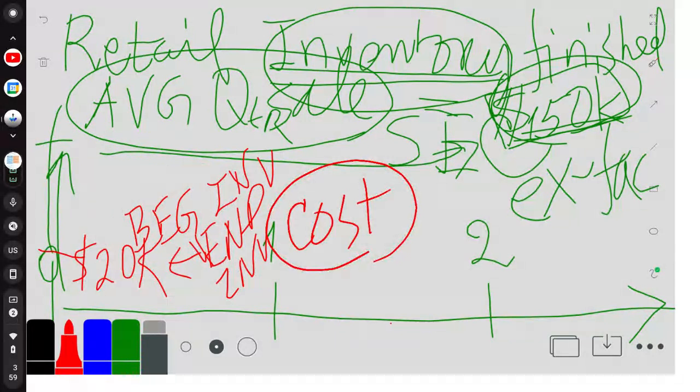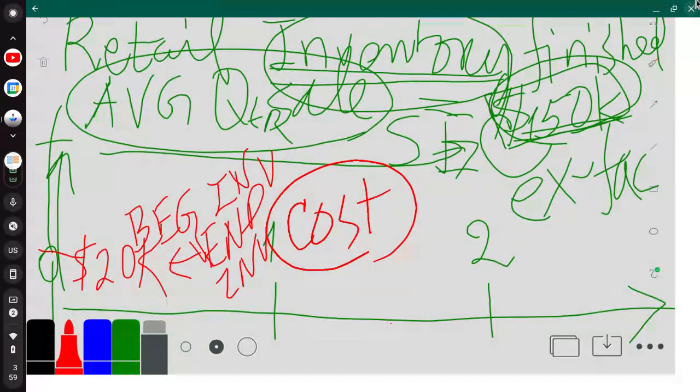Suppose you have 100 computers, you're Best Buy, and you have 100 computers in the store, right? These computers are $500, let's say they are all the same model by the same manufacturer, right?